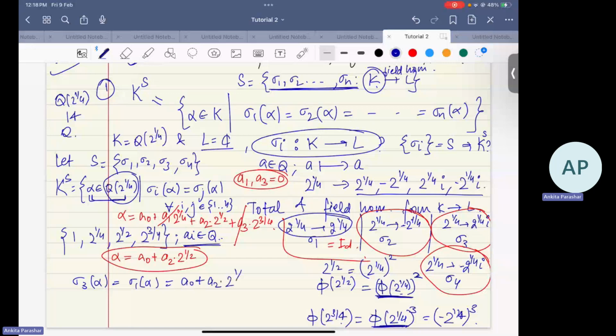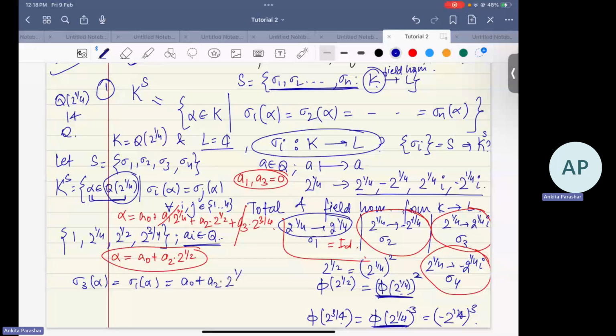Sigma 2 from K to K, Q going to Q, where Q is an element of Q, and 2 power 1 by 4 goes to minus 2 power 1 by 4. This is our set of homomorphisms. So we change the field, here L is K. If you change the field, the number of homomorphisms changes, right? Earlier we had 4. Now we have 2.